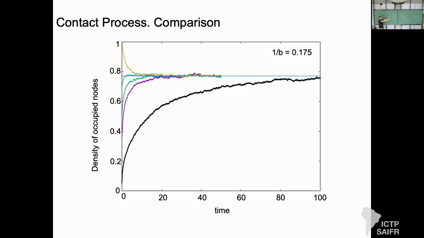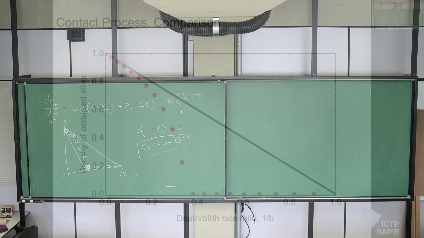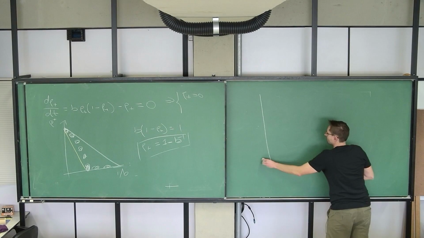actually, I think there is a way of doing this. Okay, you are really challenging my drawing skills. Let's try to do it. This is a very important point conceptually, so I want you to think about it a little bit. This is time, and this is rho plus.